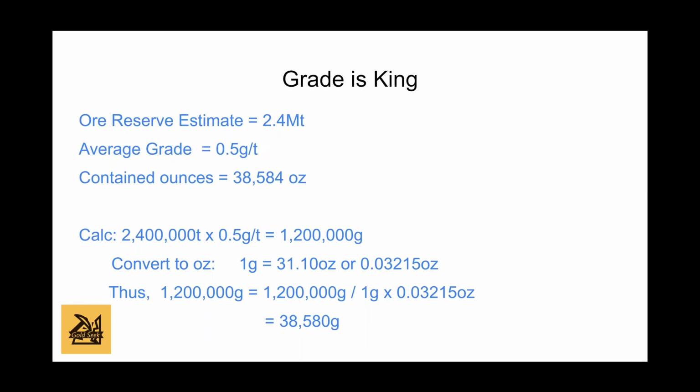Assuming you have an ore reserve estimate of 2.4 megatons. Note, there is a difference between a reserve and a resource. A resource is used when a category of ore body signifies it's either measured, indicated, or inferred.